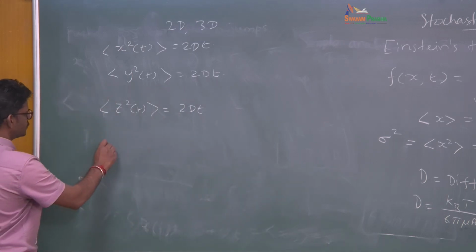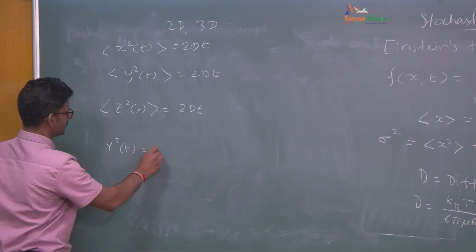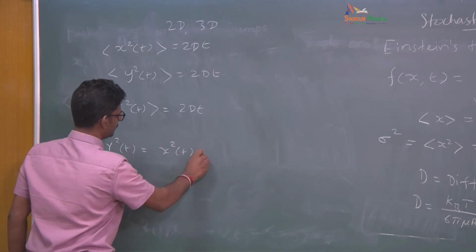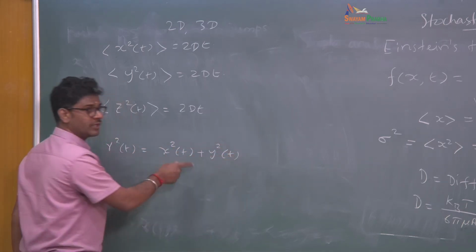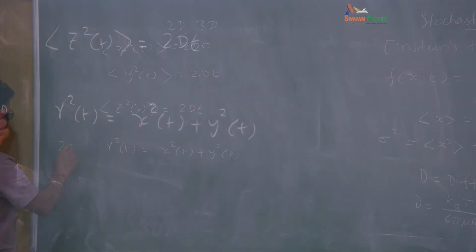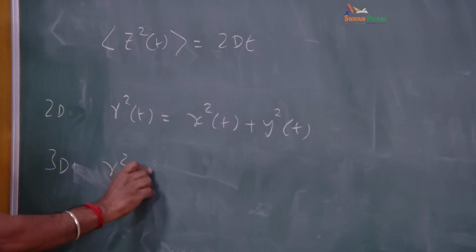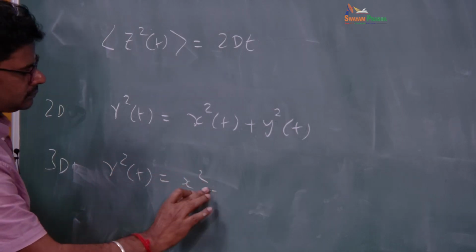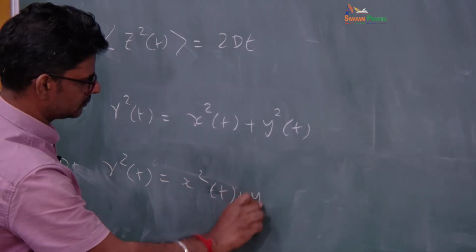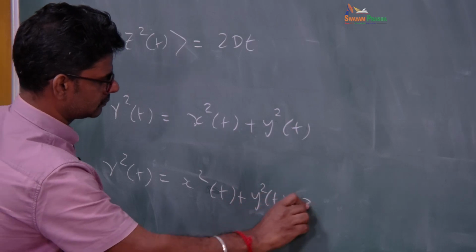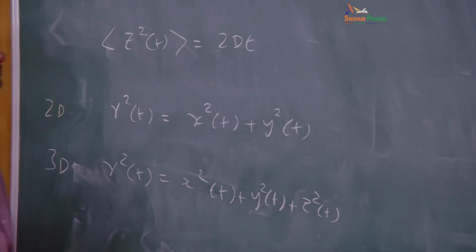Now, when I look at the 2-dimensional random walk like that, I have to write the mean square displacement r squared as x squared of t plus y squared of t in 2 dimensions. In 3D, this would be like this.